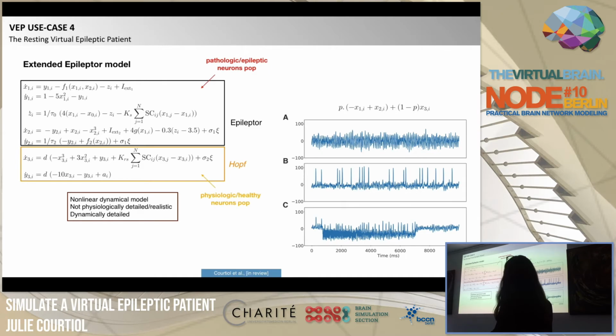And we have parameters to scale the epileptic activity inside the system. So we can reproduce three types of activity: either resting state, or resting state with interictal spikes, or resting state with seizures.